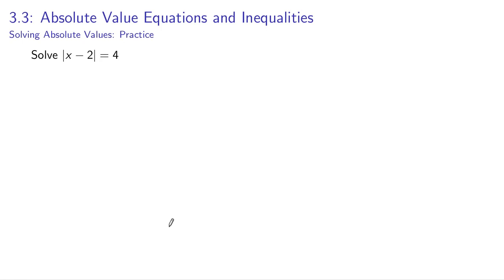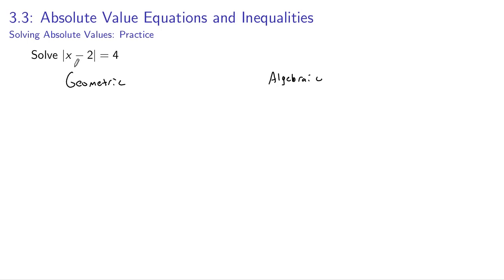For many of these simple absolute value equations and inequalities, we can use 2 methods. We can use a geometric method to solve, or we can use an algebraic method to solve. And I think the geometric method is faster for simple problems, and the algebraic method is faster for more complicated ones. But let's work this one both ways.